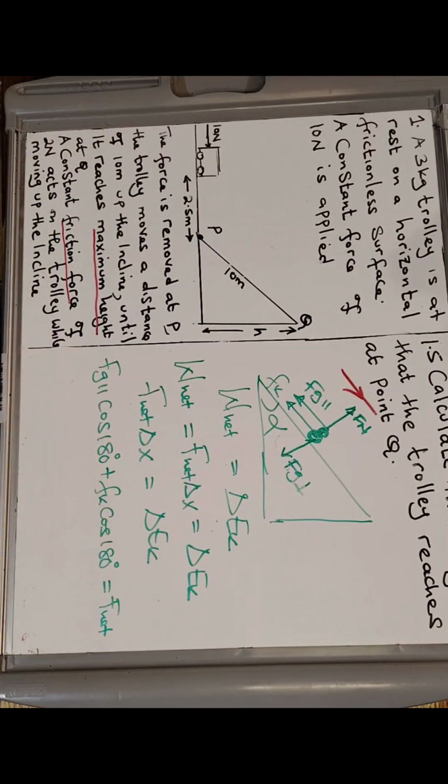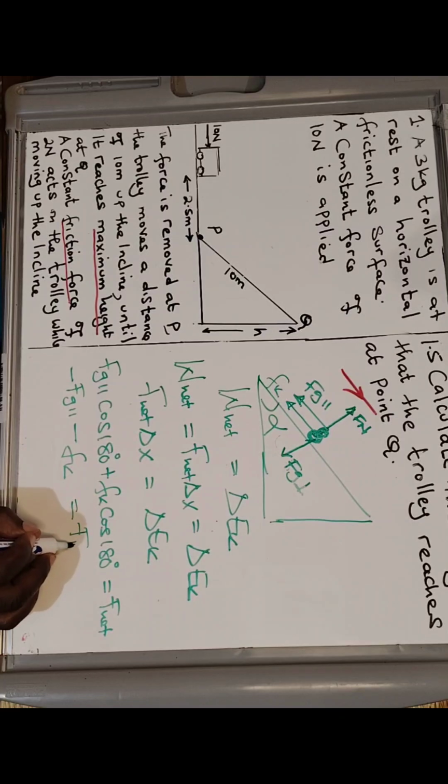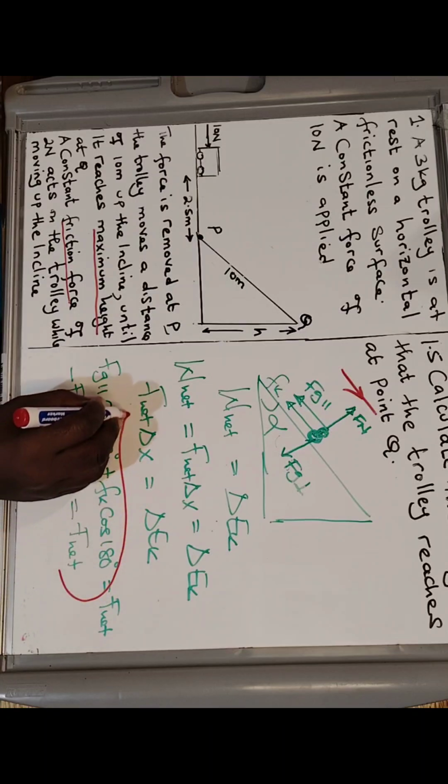What do we get out of this? Remember, cos 180 is minus 1. So we get negative Fg parallel minus Fk. The negative has come there. This is what we call our F net. So this F net we have here, what are we going to do with it? We are going to substitute it there.